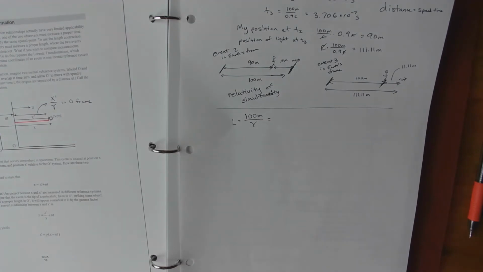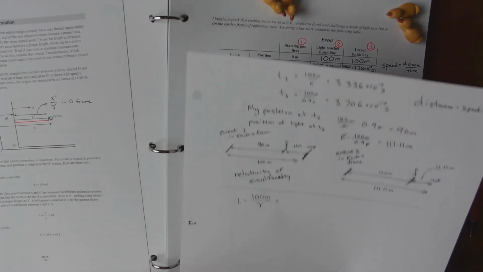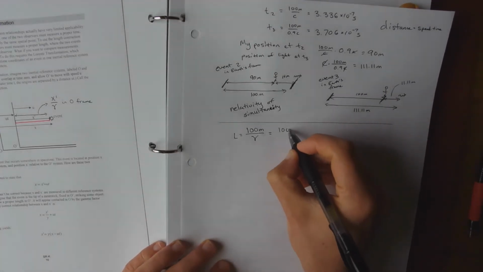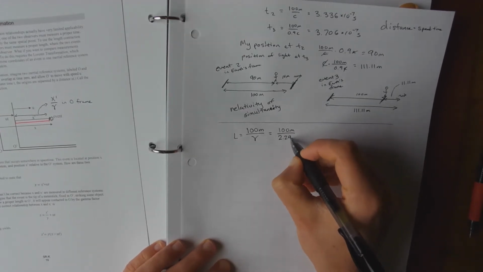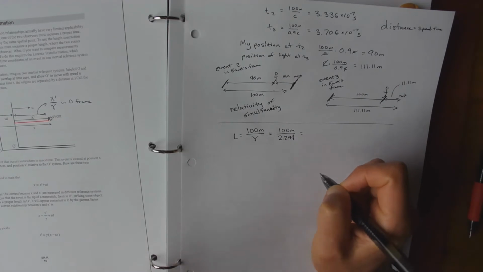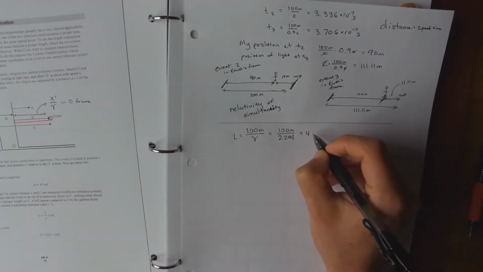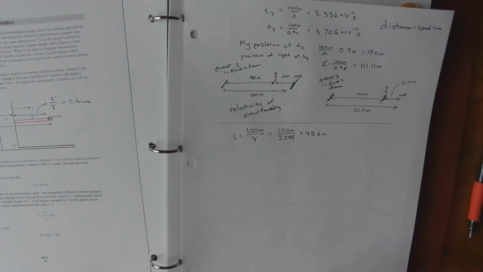It's length contracted when I'm running, and I'm running at a speed of 0.9 c. We already figured out that would give me gamma is 2.294. So in my reference frame, we're going to take the 100 meters and divide it by 2.294, and that will give us the length of the track: 43.6 meters.